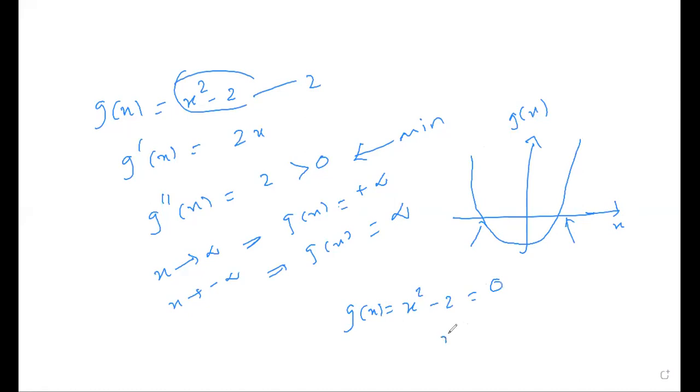If you equate to 0, x squared will be 2, x will be plus or minus square root of 2. So this will be plus root 2, this will be negative root 2. If x goes to plus infinity, it is also going to plus infinity. If it is negative infinity, it is also going to infinity. This is how the pictorial view looks.